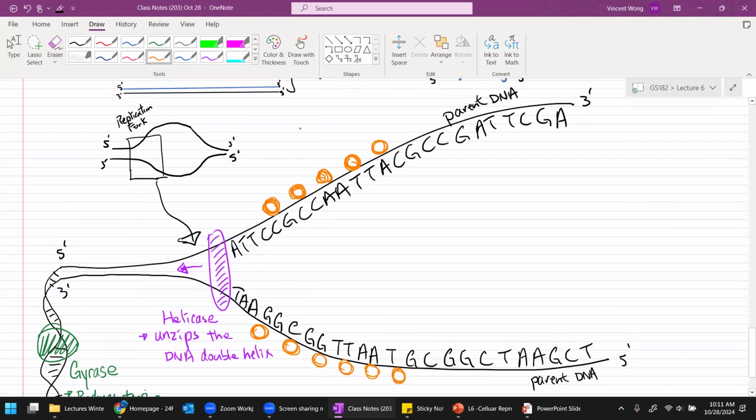Okay, these are called single strand binding proteins.